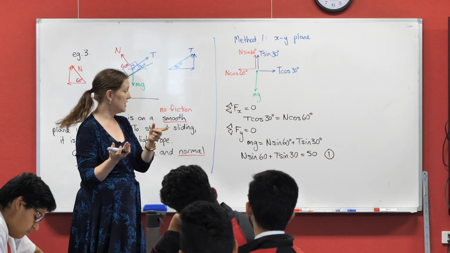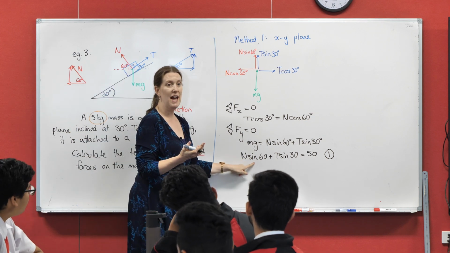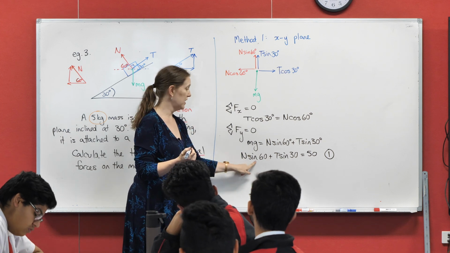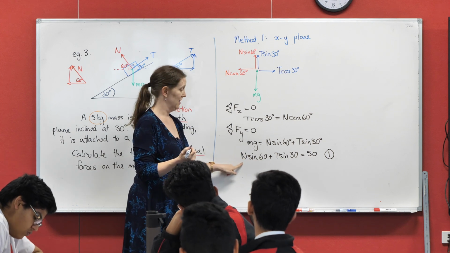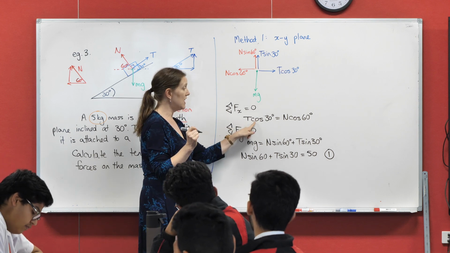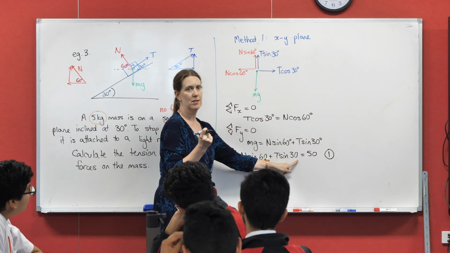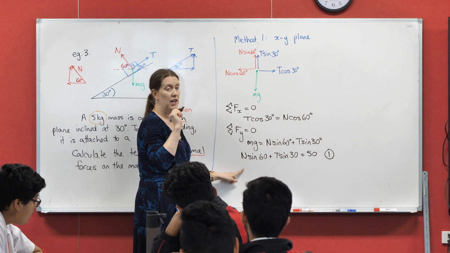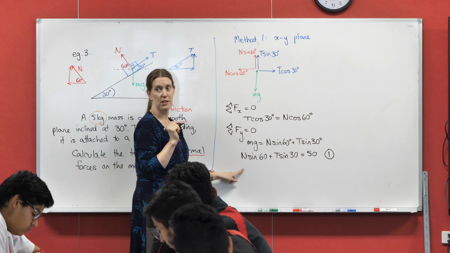T sine 60? How would that help me? I could sub it in where? I like you thinking, if it was T sine 30, I'm like, yes, but it's not. I like your change the subject. Anybody else suggest what I want to change to?